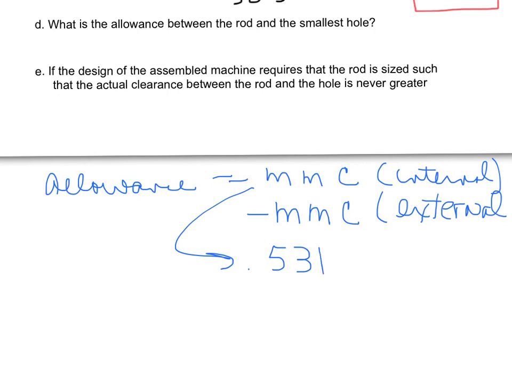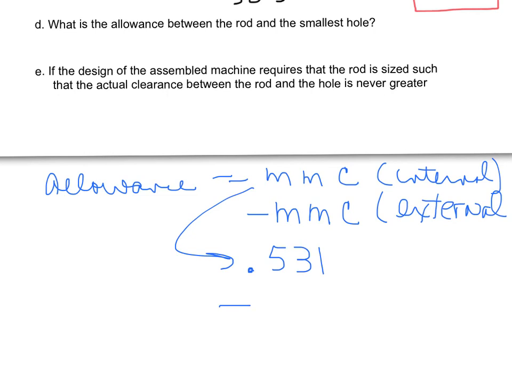That's your MMC internal. Okay, look back at your measurements. You had a choice of, for the hole, 0.536 to 0.531. Go for the tightest fit. Go with 0.531. Now look at the material measurements for your rod. You have a range of from 0.525 to 0.530.